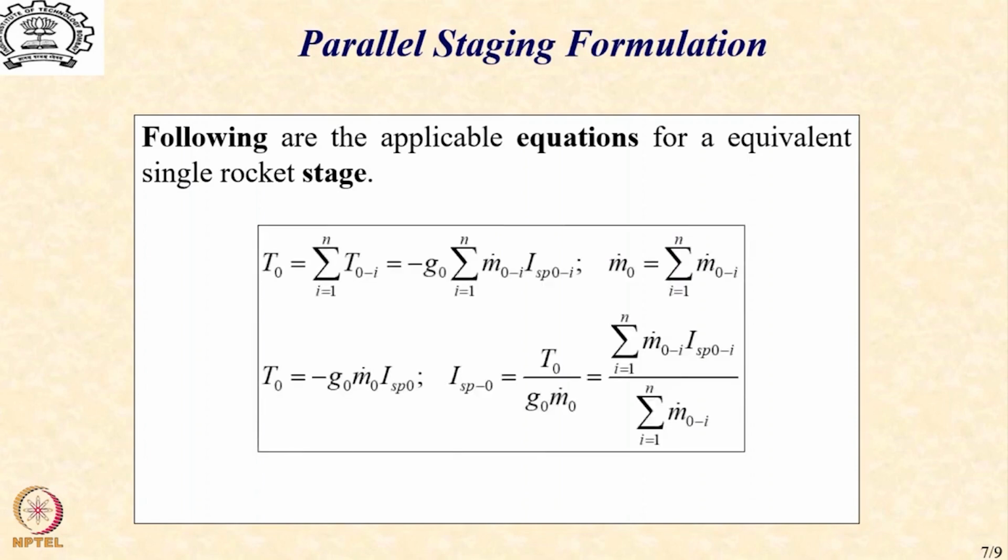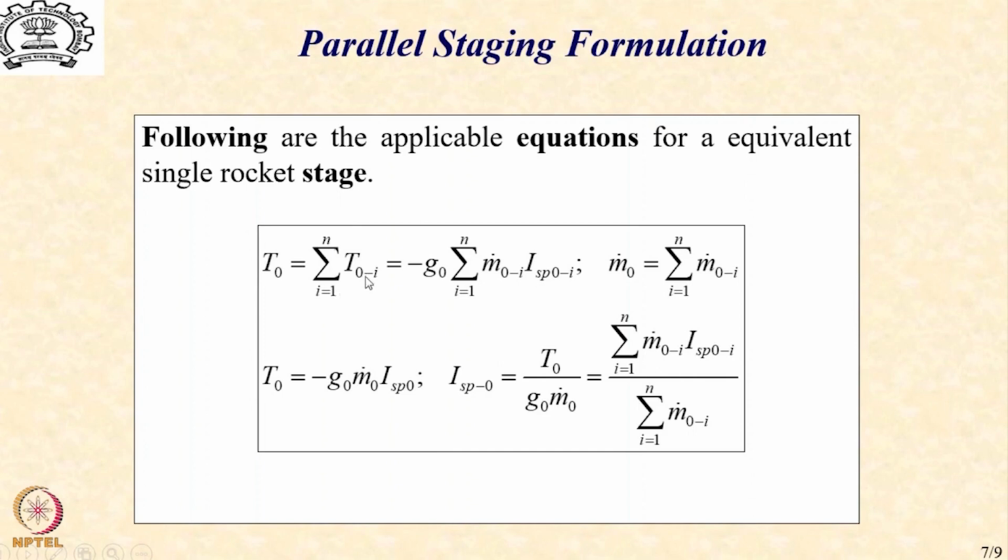So, let us start by saying that the total thrust of this particular stage, still called the zeroth stage, is the sum of the thrust of rockets generating from all the rockets that are firing together, that is i from 1 to n.